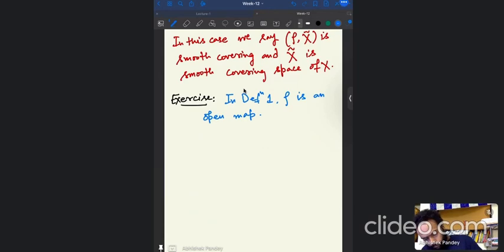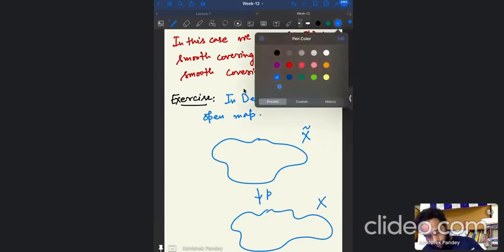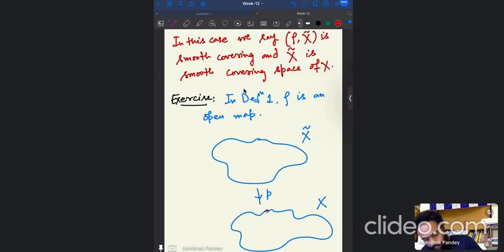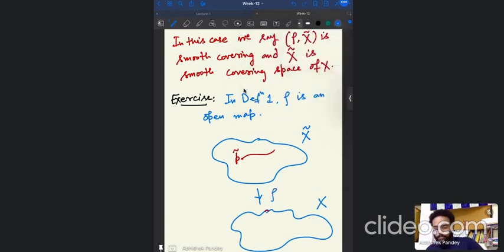Suppose you have a covering, let us say this is X tilde, and you have a covering rho, and this is your X. Let us say you have a point P tilde here, and a curve starting through P tilde. So this should be rho. Okay, so you have some curve here starting from this one.